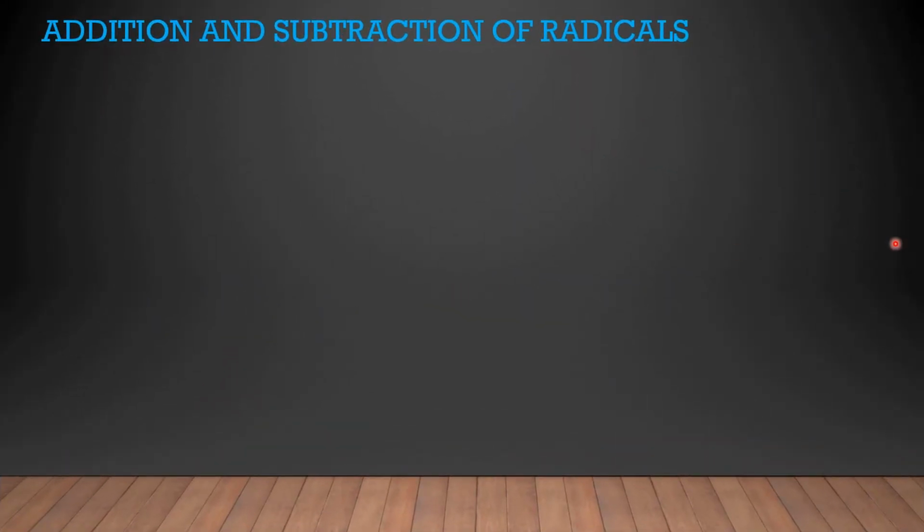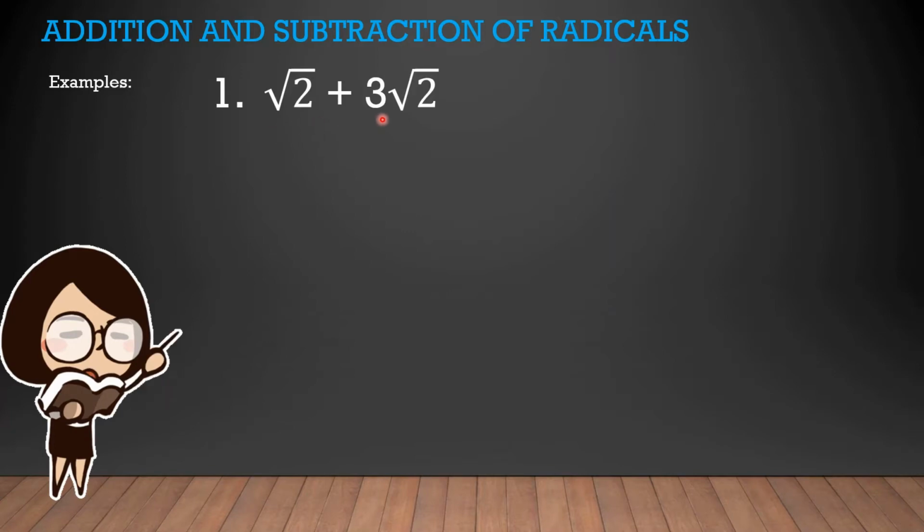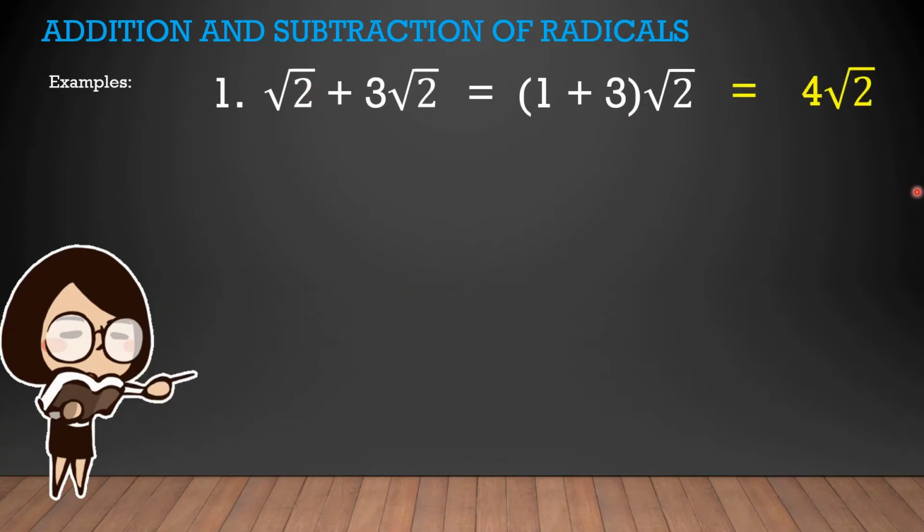Okay, let us give an example of addition and subtraction of radicals. Number 1, square root of 2 plus 3 square root of 2. So we can combine the coefficients. The 1 here is invisible. So 1 plus 3 is 4. Then copy the radical, square root of 2. So our answer is 4 square root of 2.